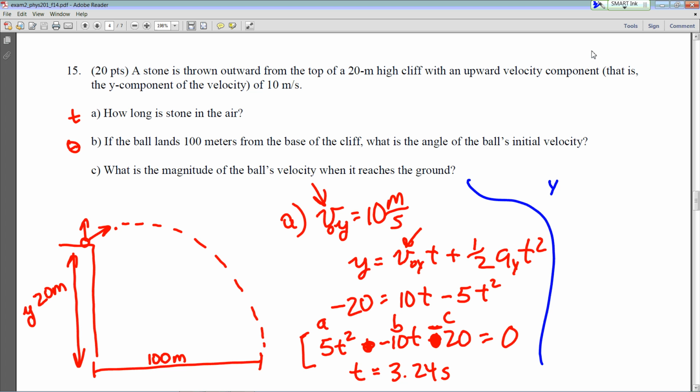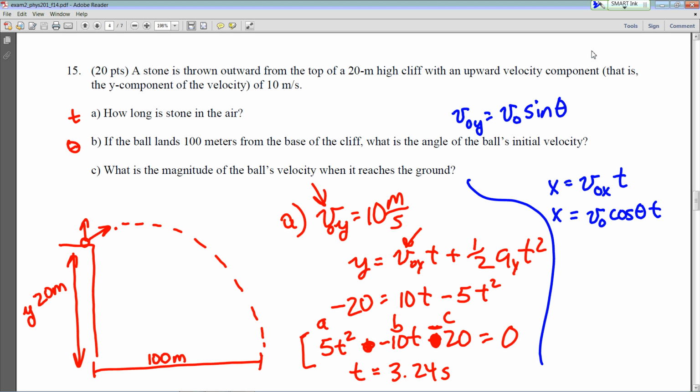Well, then we're looking at our x component, and I know that x is equal to v naught x times t, and that's equal to v naught times cosine of theta times t. And here, I don't know v naught, but I know v naught y. So I say v naught y, which is 10 meters per second, is equal to v naught sine of theta.